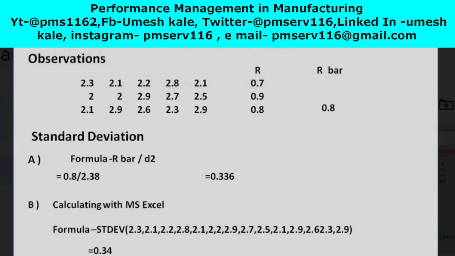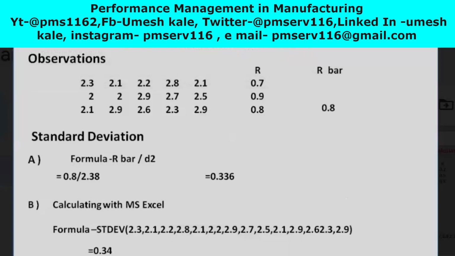So the formula for the calculation is R bar by D2. R bar comes to 0.8 divided by 2.38, the value from the D2 table which I showed just now. So 0.8 divided by 2.38 comes to 0.336.